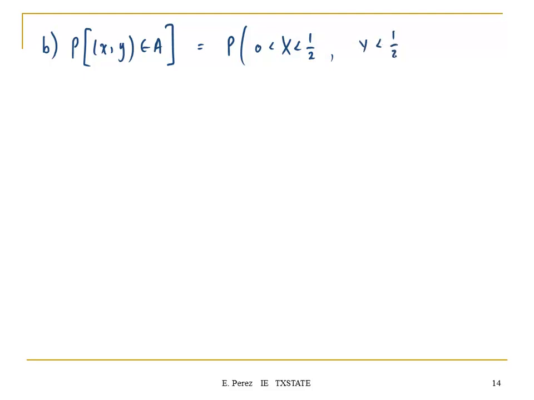So the probability of x and y being in A is equal to the probability of x being between these limits and y between these limits.